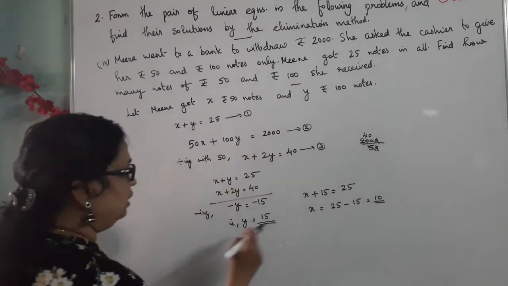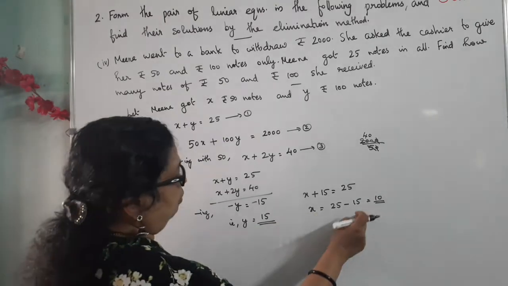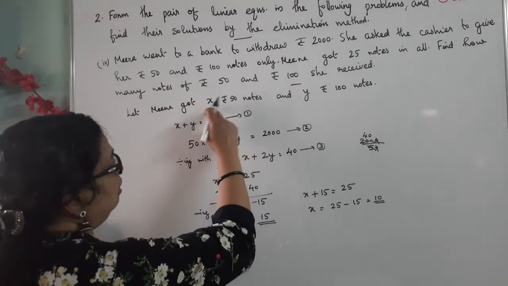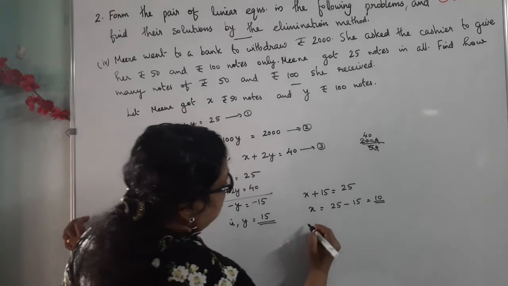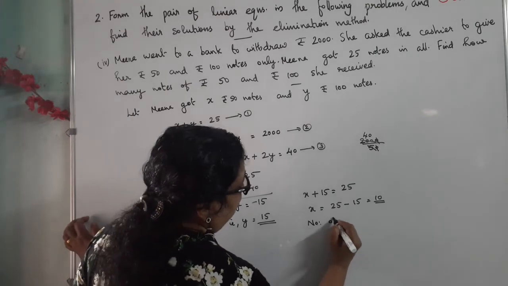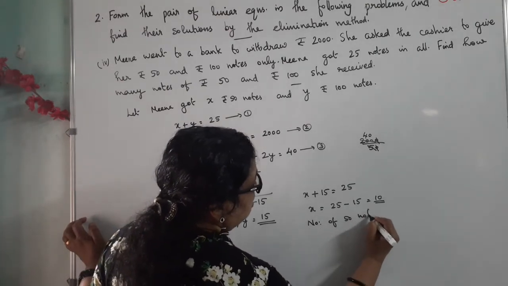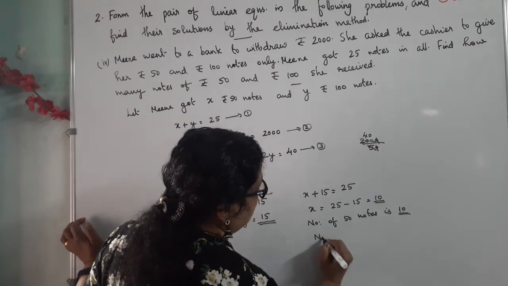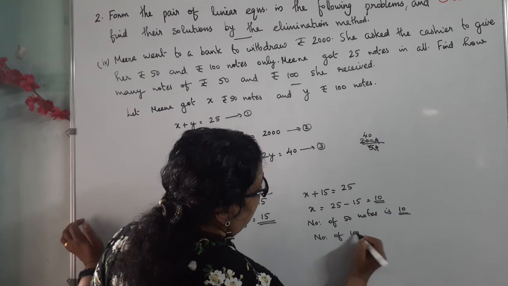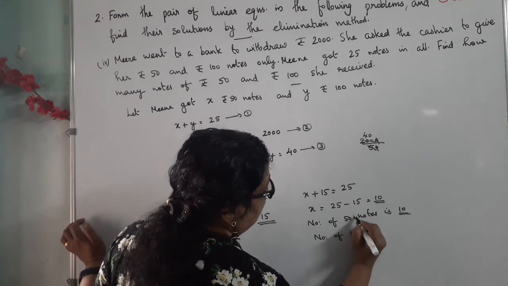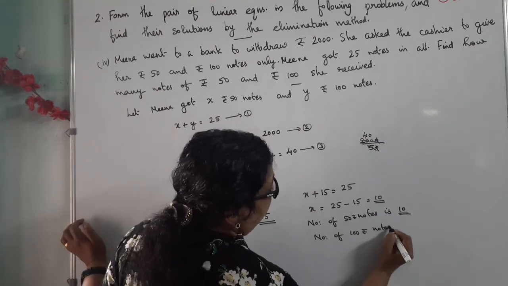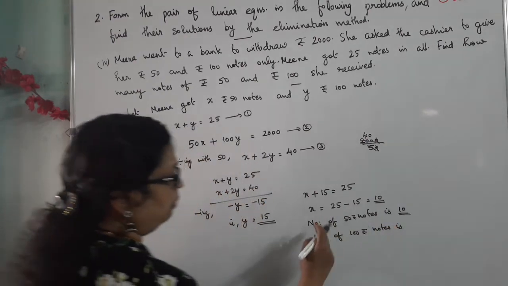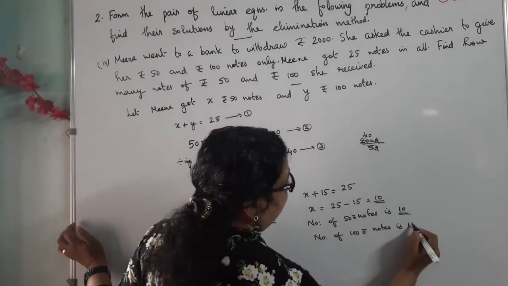So x = 10 and y = 15, that is the number of 50 rupee notes is 10 and the number of 100 rupee notes is 15.